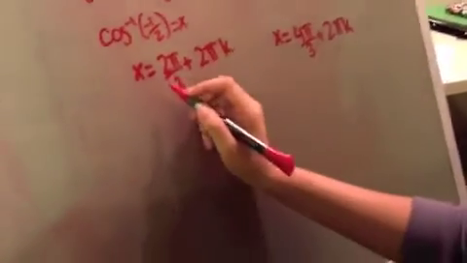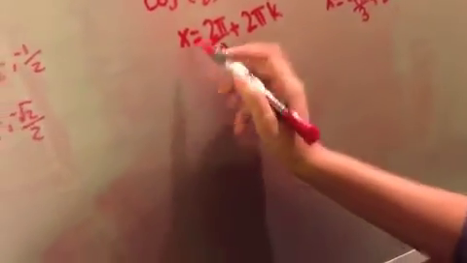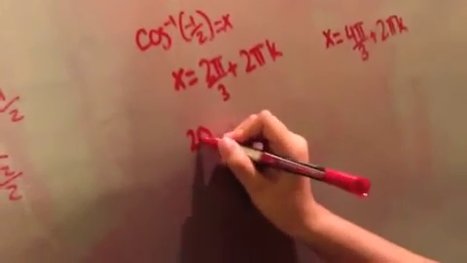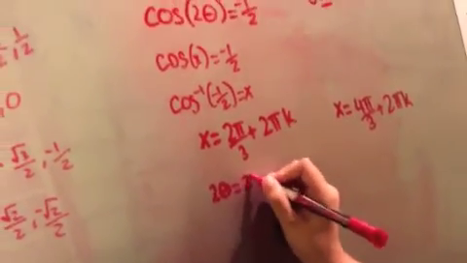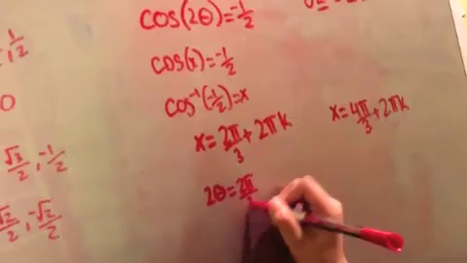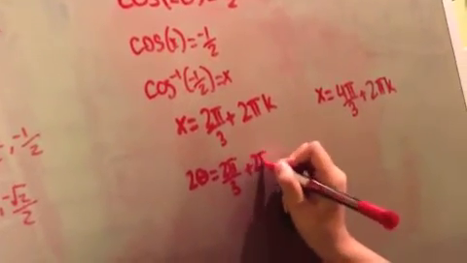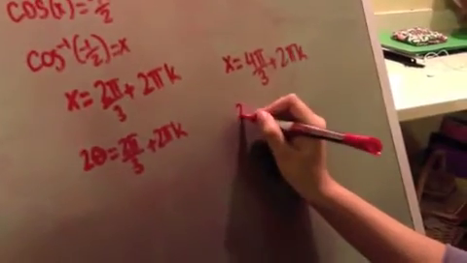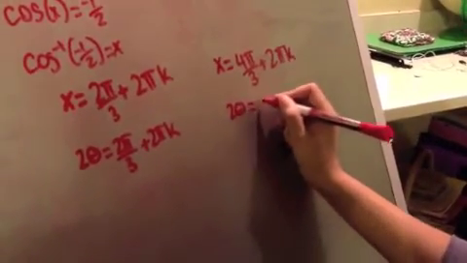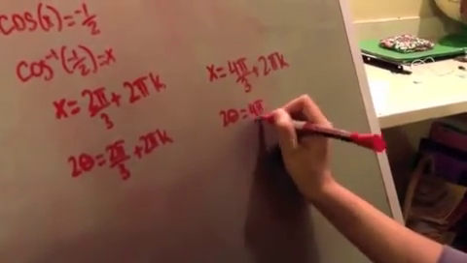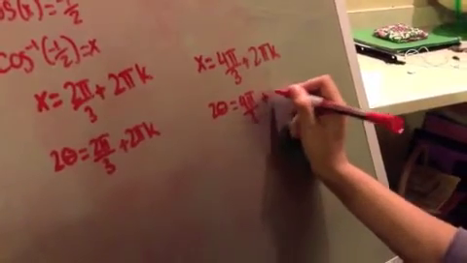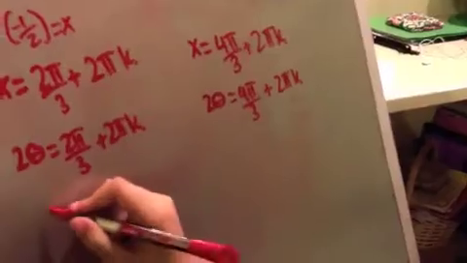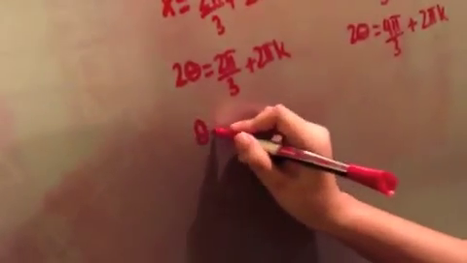So now what we do is plug the 2 theta back in for x, so it becomes 2 theta equals 2 pi over 3 plus 2 pi k, and then again 2 theta equals 4 pi over 3 plus 2 pi k, and then we divide by 2.